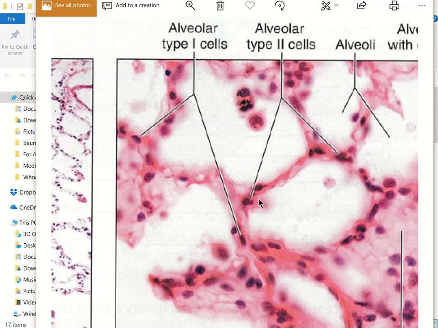And so they're going to be secreting that pulmonary surfactant along the surface that faces the air. And these are just pockets of alveoli.